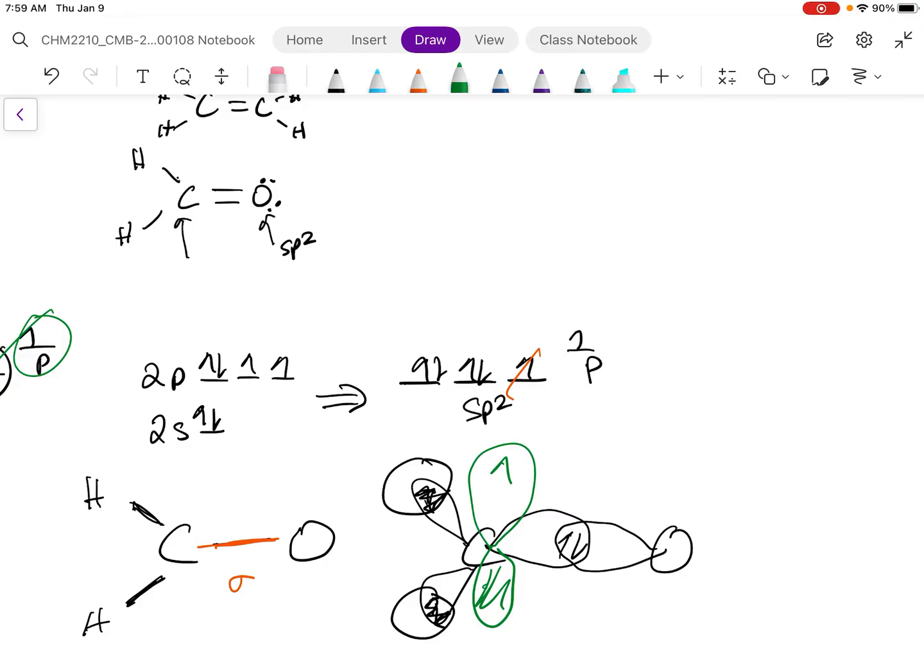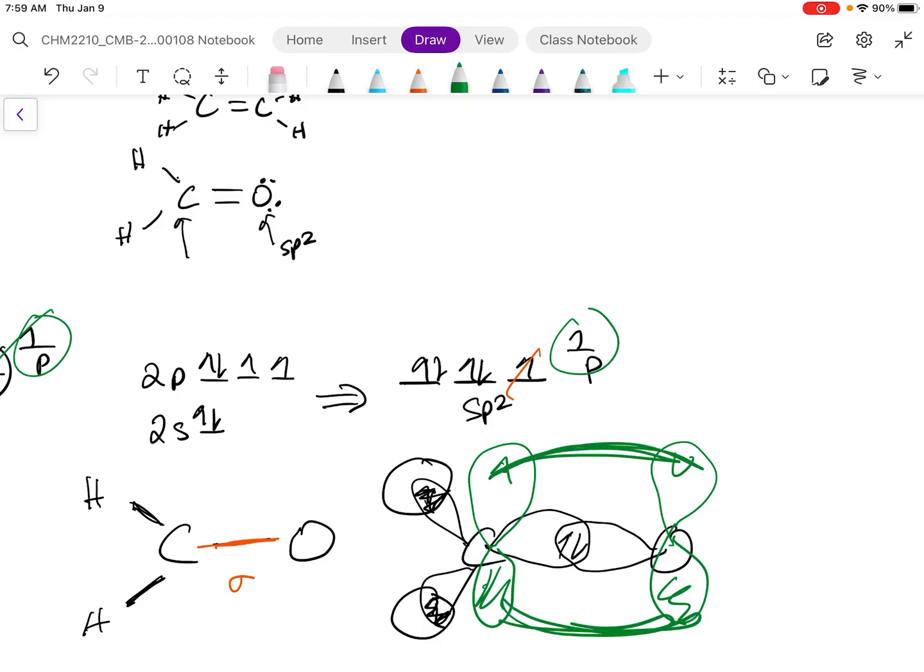What we have in oxygen, we have a p, so we can draw that perpendicular to the plane, and we can add in our electron. So that's going to account for the double bond character. There's our pi bond that you see between carbon and oxygen. Now, if I asked you what orbitals are the lone pairs in?